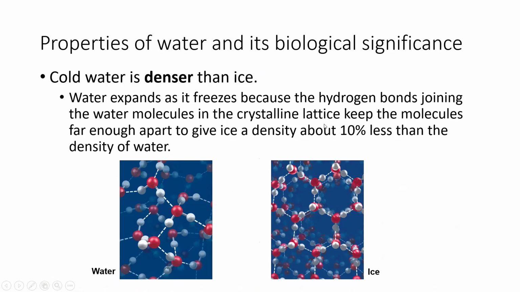They become a crystalline lattice that keeps the water molecules far enough apart to give the ice a density about 10% less than the density of water. You must remember the density formula is mass over volume. So when water freezes and becomes ice, the volume increases but the mass remains the same.